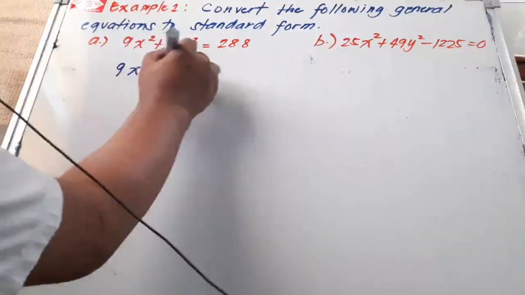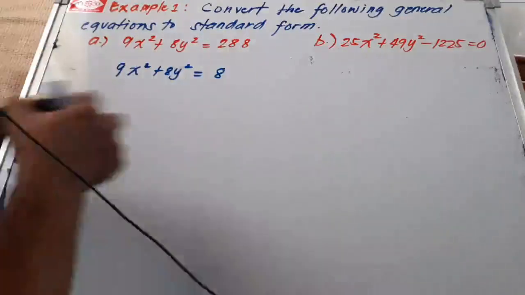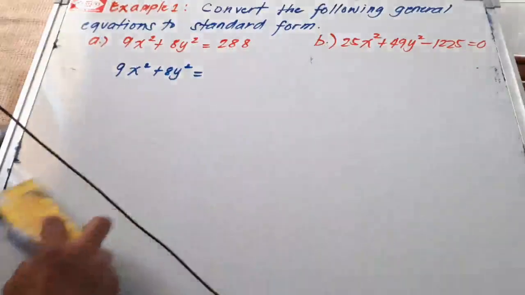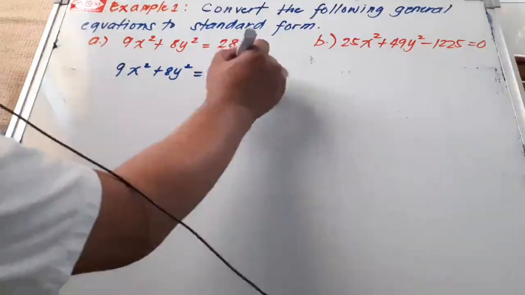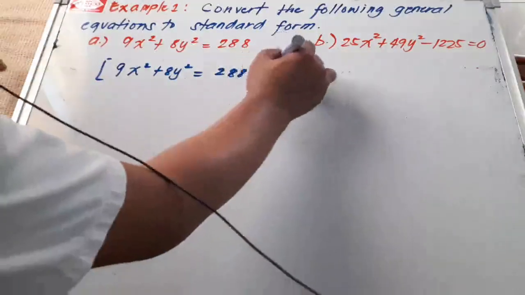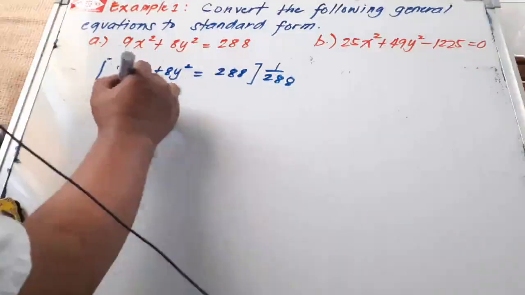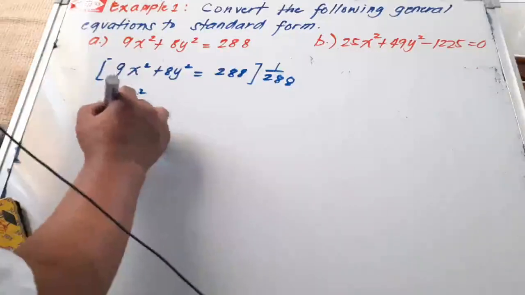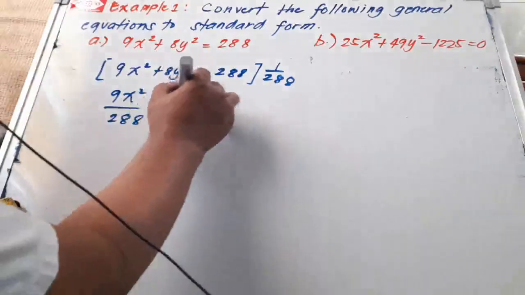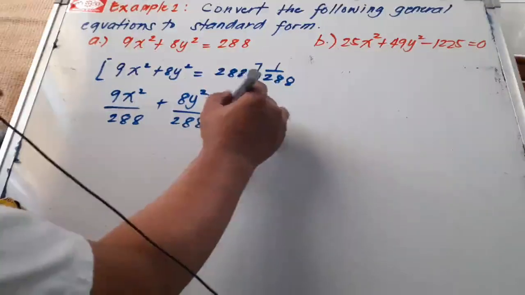9x squared plus 8y squared equals 288. So, I'm going to multiply both sides by 1 over 288. So, the result is 9x squared over 288 plus 8y squared over 288 equals 1.